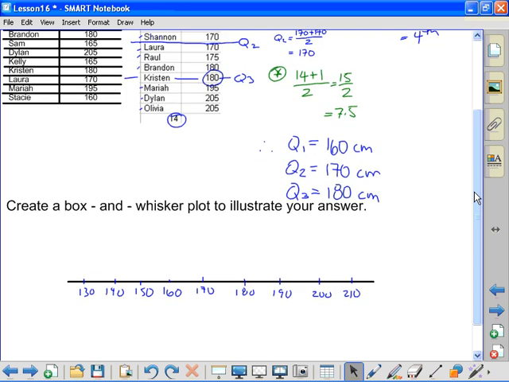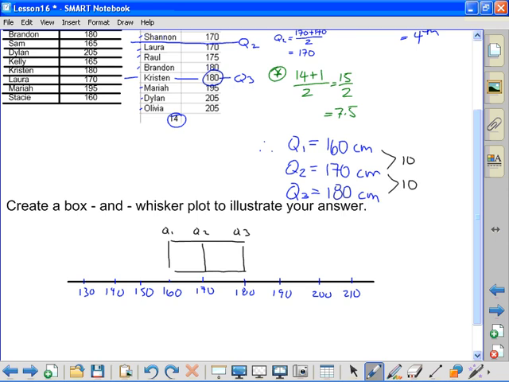So we know that at 160, we have the value of Q1. We know at 170, we have our Q2. And we know at 180, we have our Q3. Close that up, and there's my box. Now, in this case, it's balanced because the difference here is 10, and the difference here is 10. So we're going to have a balanced box in the box whisker graph.